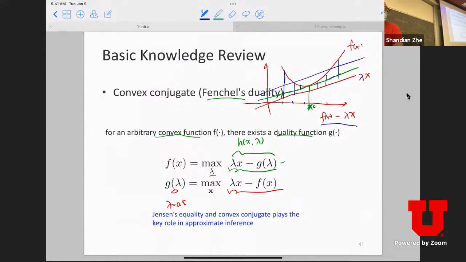If you keep moving, for some places the difference will still be larger, but other differences will be negative. So it's not minimum at all, because here we assume f of x is bigger than lambda x.